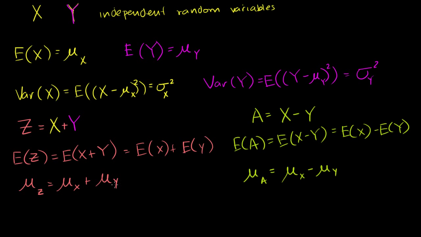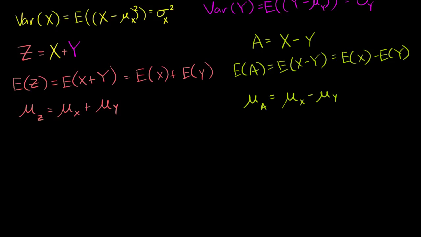And all of this is review, and I'm going to use this when we start talking about distributions that are sums and differences of other distributions. Now let's think about what the variance of random variable z is and what the variance of random variable a is. So the variance of z, and just to always focus back on the intuition, it makes sense.